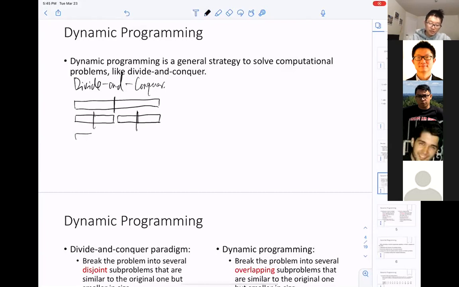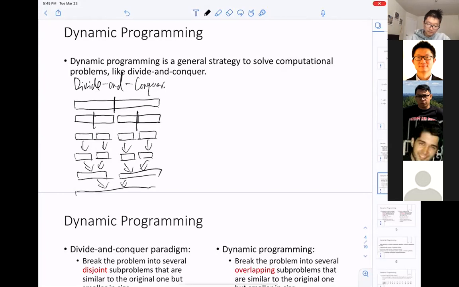We further cut them until each of them only includes one element, and then we stop. Then we conquer each of them and combine the solutions together. So this is what we do in merge sort. Correct?